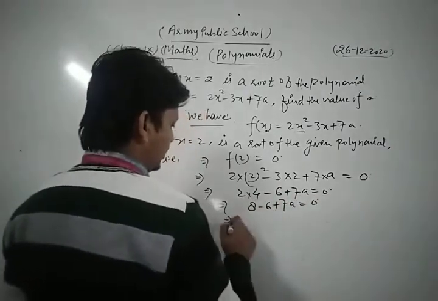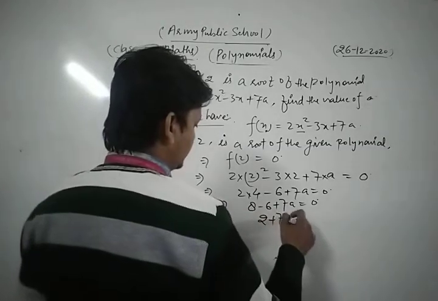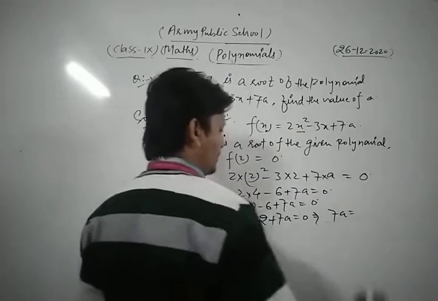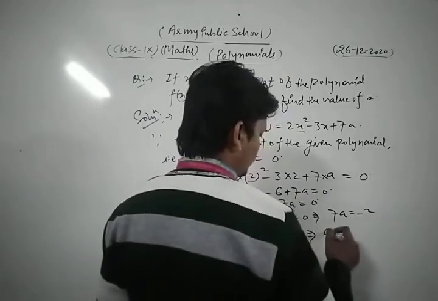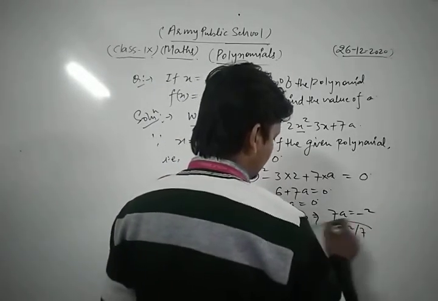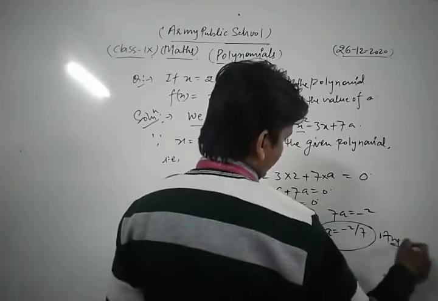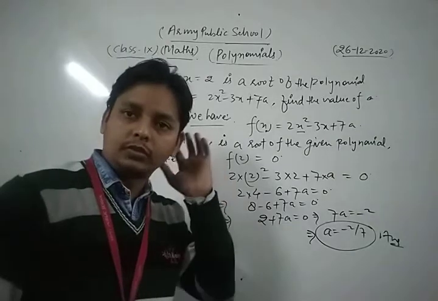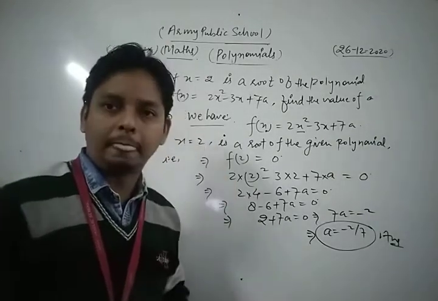That is 2 plus 7a is equal to 0. That is 7a is equal to minus 2. So the value of a is minus 2 by 7. This is our required solution of the given question.